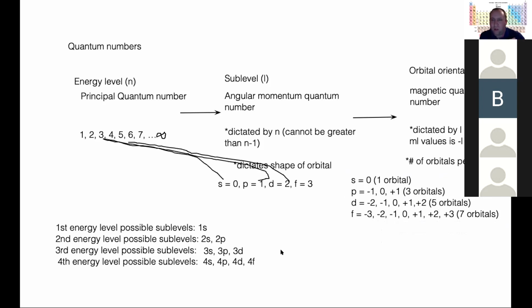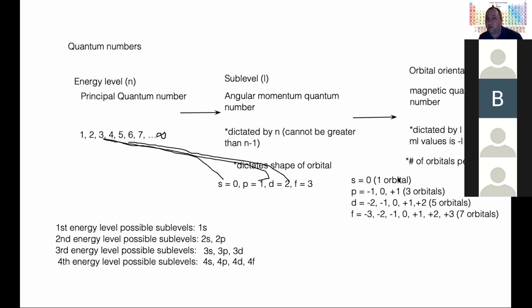As we go from box to box, we're getting more and more specific about the electrons themselves. Now, the thing that we haven't said yet is how many electrons are in a given orbital.